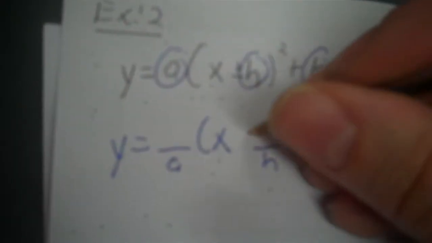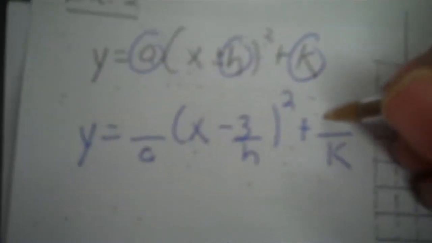This is your HK point. It's the vertex. So 1, 2, 3, positive 3, 1, 2, 3, 4, 5, okay? Now, so your H is 3, but in the equation it's got to be the opposite of H, which the opposite of 3 is -3, so -3. And then the K is 5. You don't make the K opposite.